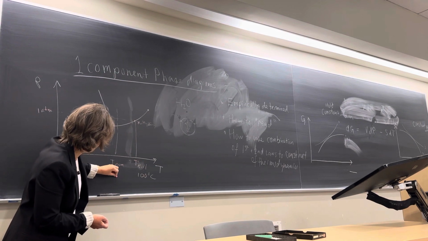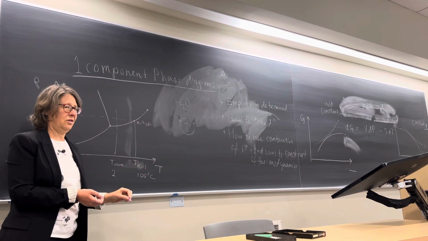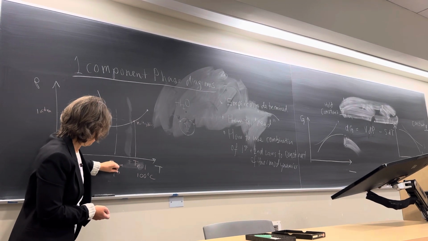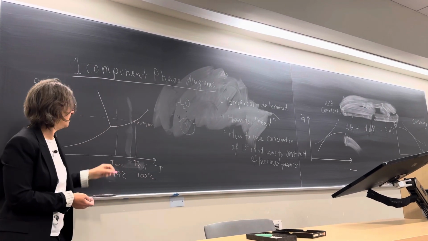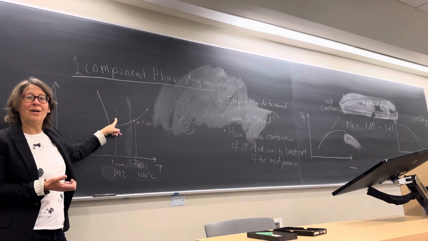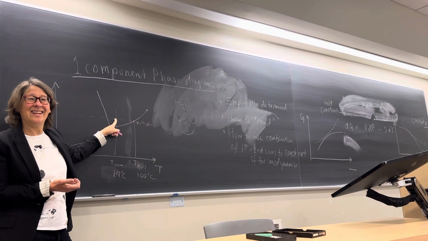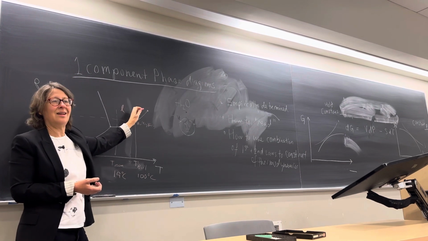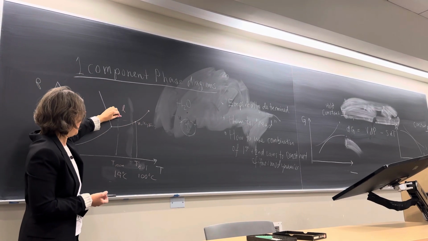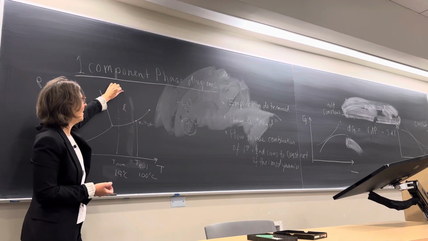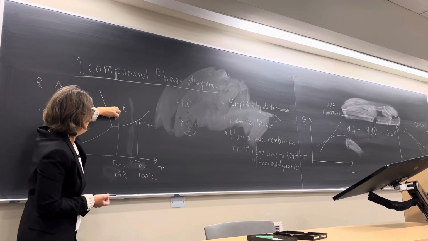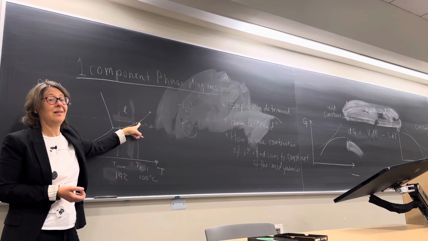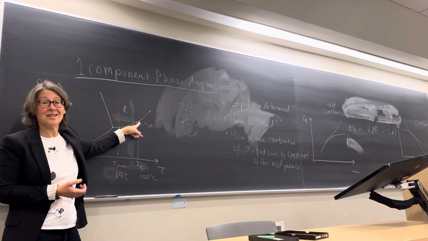I'm going to call room 19 because it's cold in here. 19 degrees Celsius. Okay? What phase is water? Liquid. This whole area here is liquid. Anywhere as you increase the pressure, increase the temperature, decrease the temperature, it's liquid until you hit these lines, these two-phase coexistence lines.